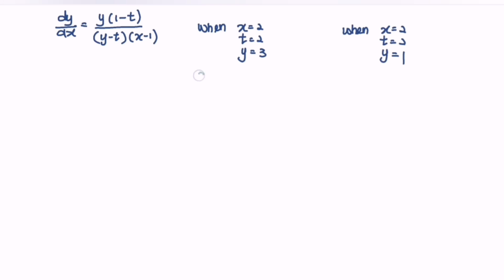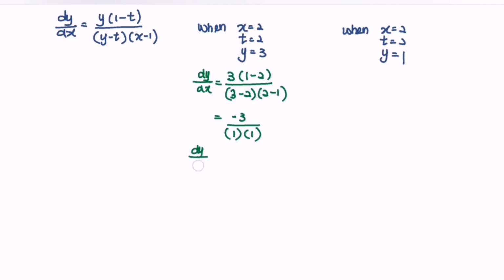In here we will have dy/dx is equals to 3 bracket 1 minus 2 over 3 minus 2 bracket 2 minus 1. Kindly simplify the numerator and we will have negative 3 over 1 multiply with 1. So finally dy/dx will be equals to negative 3.